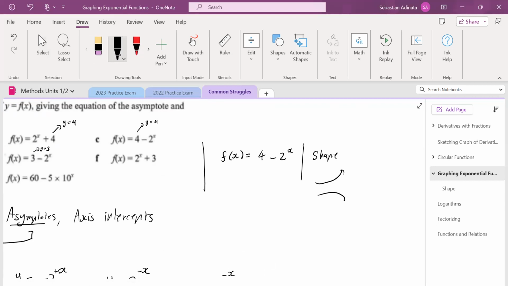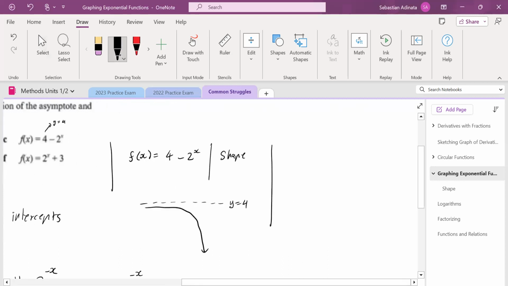Look at this, that, or this. We can see this is negative and this is positive, and it'll be this one. Oh, sorry, it'll be this one. So we know it's going to look like this. And our asymptote is y is equal to 4.